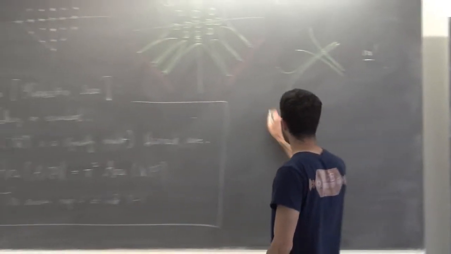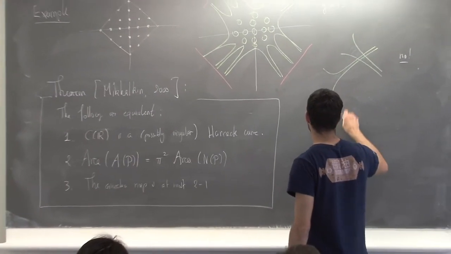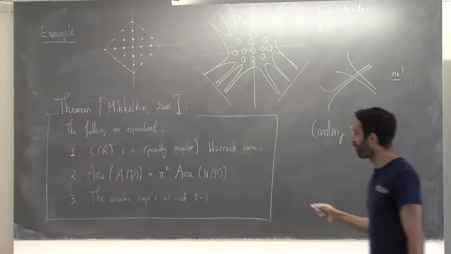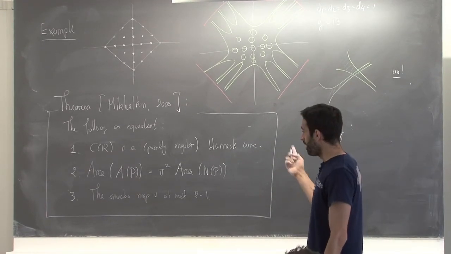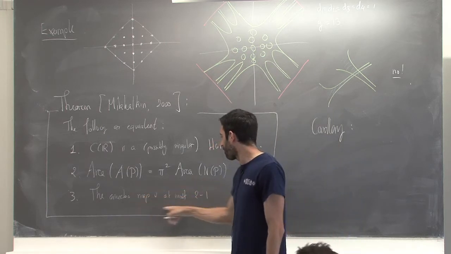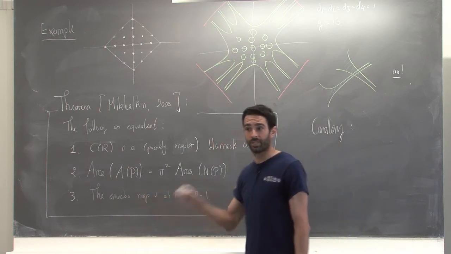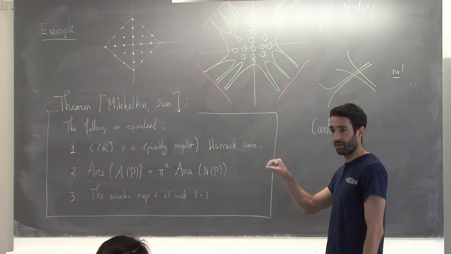Corollary. If P defines a Harnack curve, then the amoeba map being 2 to 1, in particular, it's 2 to 1 on the point on the origin.